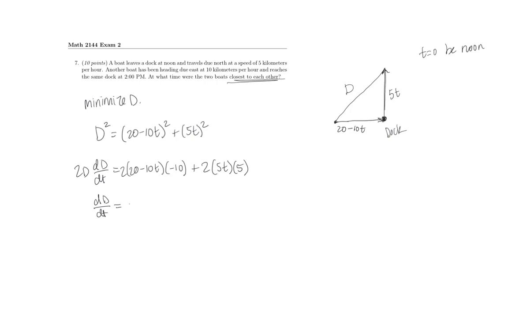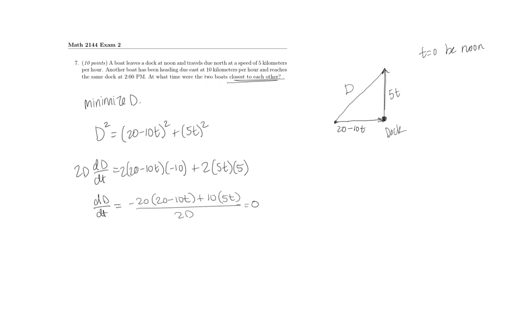So let's see, I'll get negative 20 times (20 minus 10t) plus 10 times 5t, over 2d, and I know what d is. But what I really want is when this is equal to 0. So if that's equal to 0, that just means the top is 0. Okay, so that's going to give me what I want.